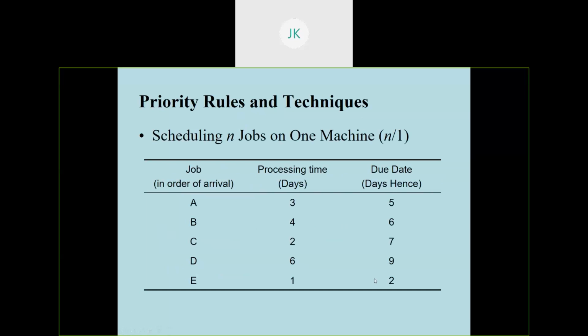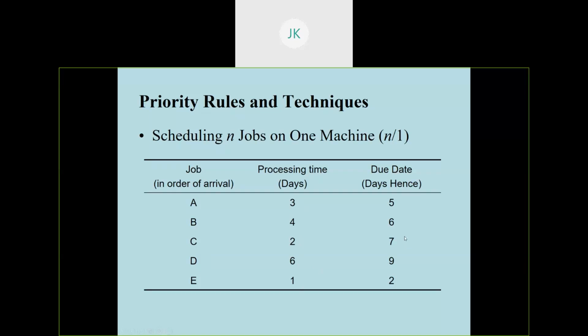Example: there are 5 jobs, and they come in order A, B, C, D, E. These are the operation times: 3 days, 4 days, 2 days, 6 days, and 1 day.